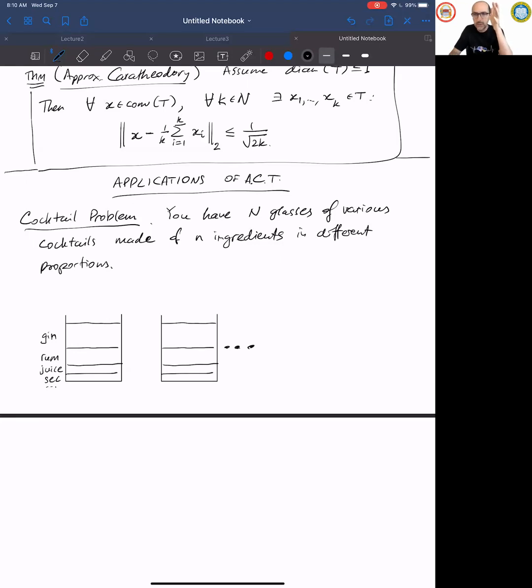What you want to do is make a cocktail with your own proportions by mixing these existing ones. So you want to make a glass of cocktail with the proportions that you want, with given proportions, let's say P1, P2 through Pn.